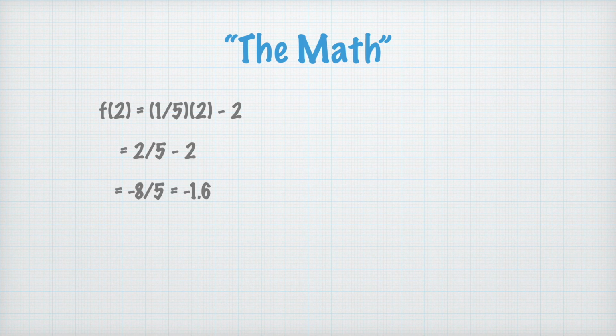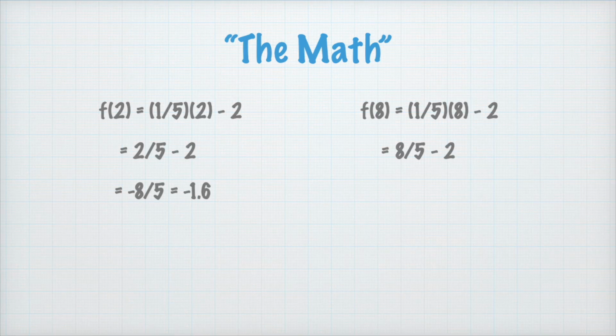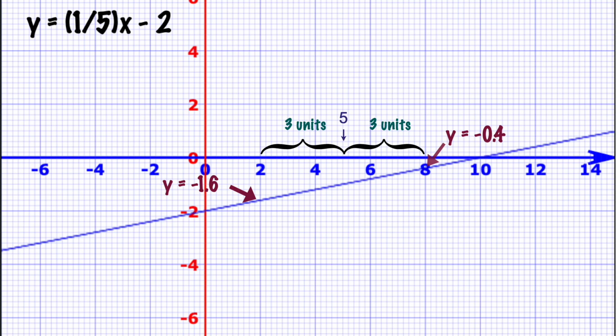And then do the same over here. We plug 8 into the function, and we get -0.4. All of our function values, since it's a line, would fall between these 2 points. As you can see, this is still within epsilon of our limit, -1.